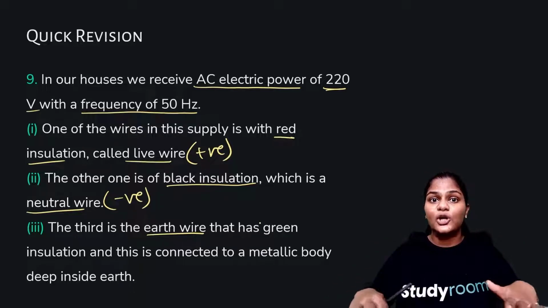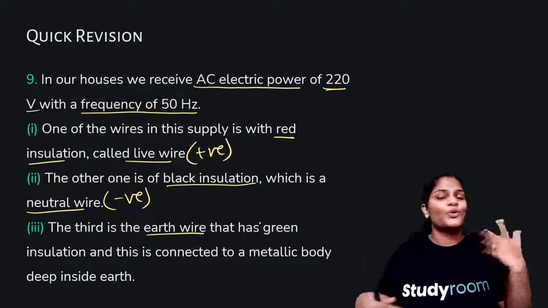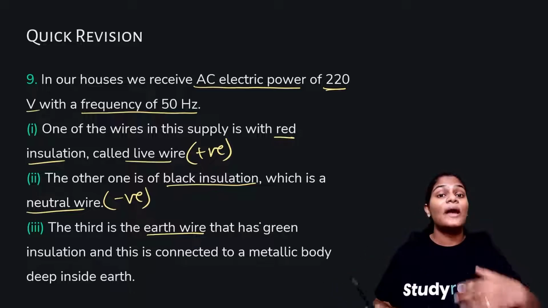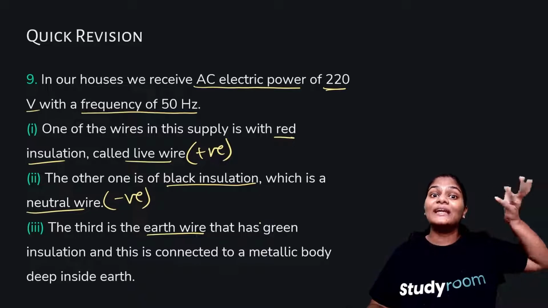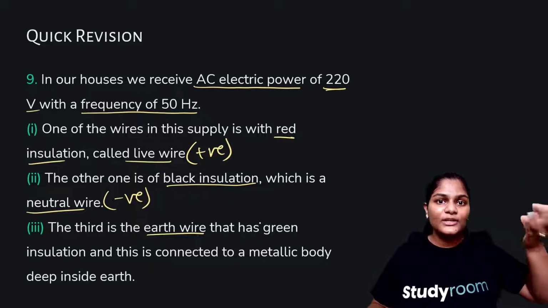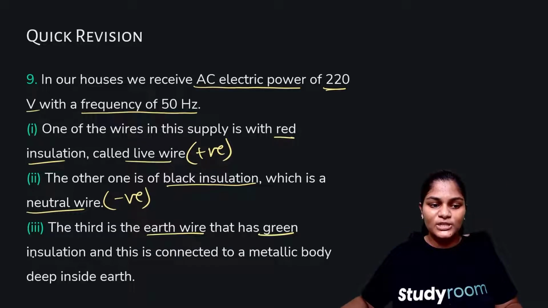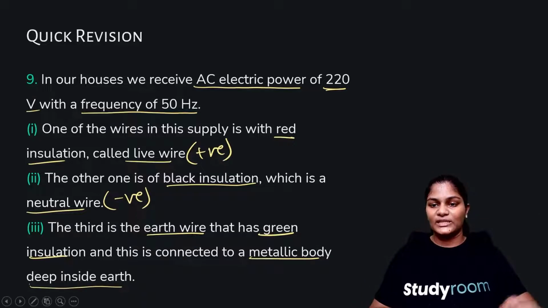It has a potential of 0. So no matter how many charges come into the earth, no one is going to get a shock from it, and it is not going to affect the earth in any way. But when we do this earthing, it saves us from the electric shock that we might have had because of the leakage of current. It has a green insulation and is connected to a metallic body deep inside the earth. We know that now. Great.